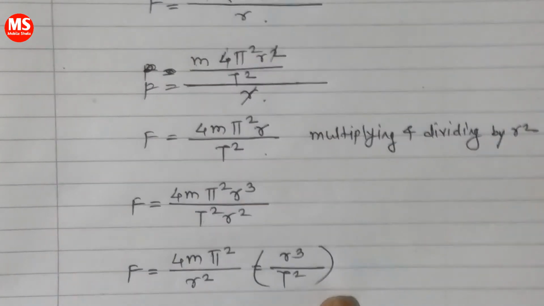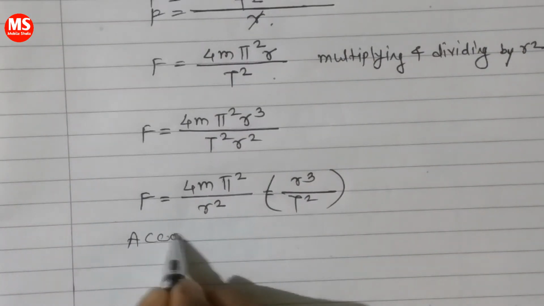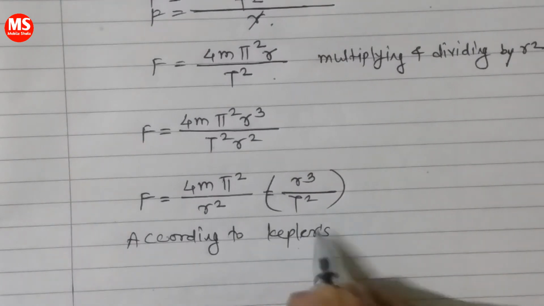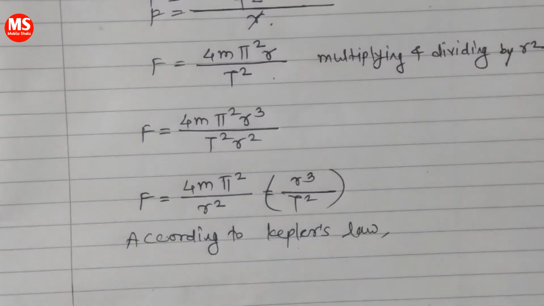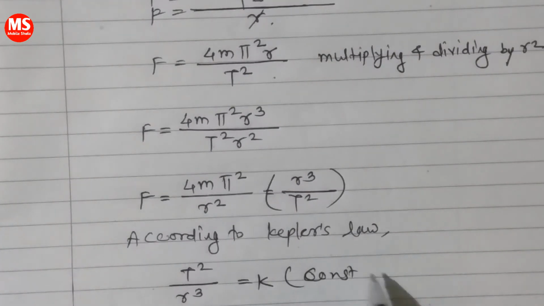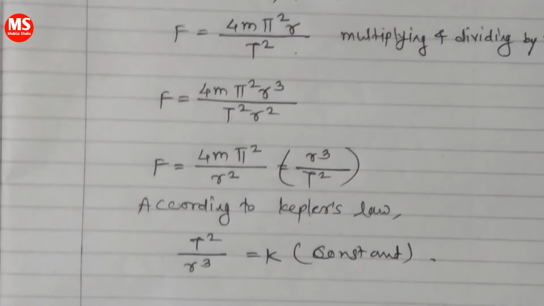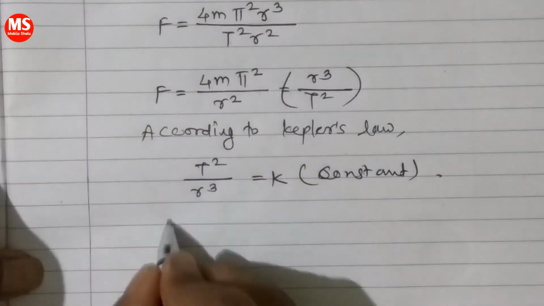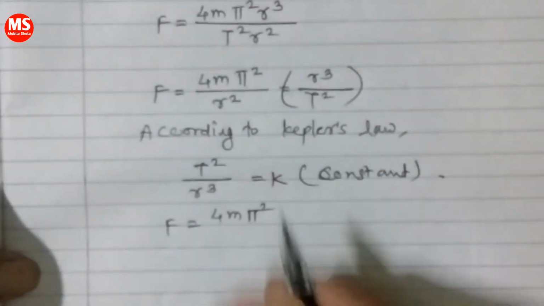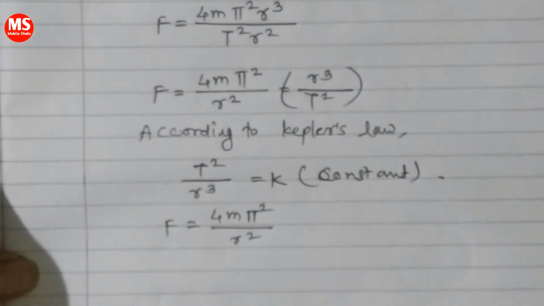According to Kepler's law, T square upon r cube is nothing but a constant. So only remains F is equal to 4m pi square upon r square.